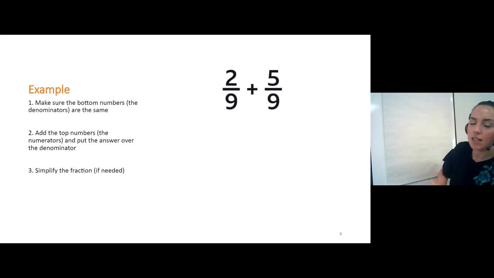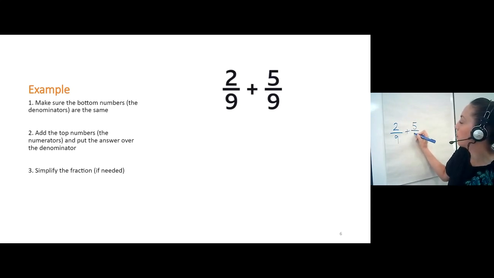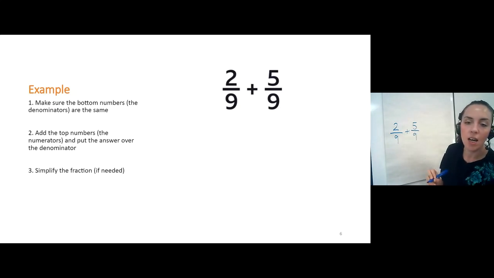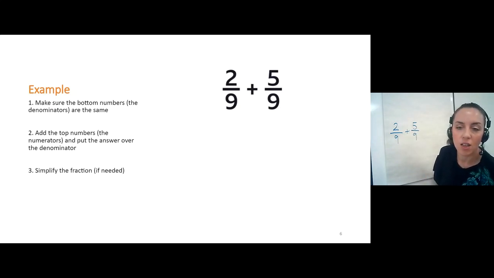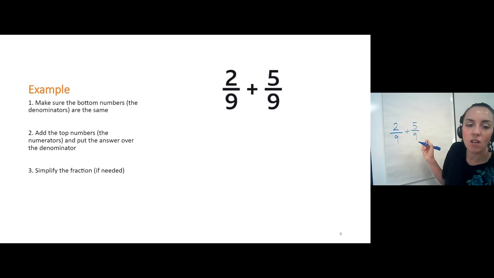Slide 6 is an example of adding fractions with the same denominator. And the example is 2 over 9 plus 5 over 9. And all I've got is the 3 steps on the left hand side. Step 1 is to make sure the denominators are the same, which they are in this example. Step 2 is to add the numerators and put the answer over the denominator.